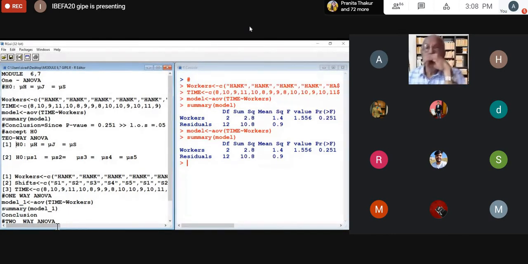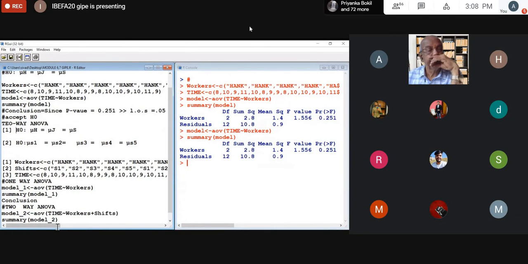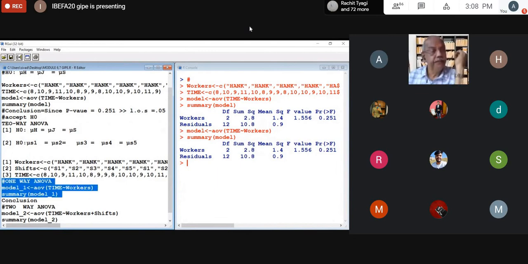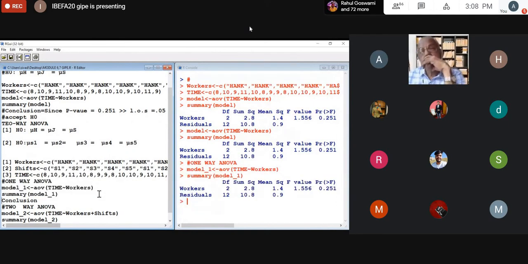Data same. So, one-way ANOVA, repeat it. See, answer as you got earlier. See the answers that you are getting.